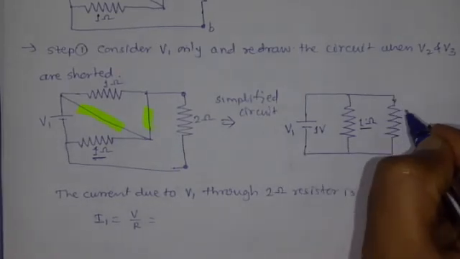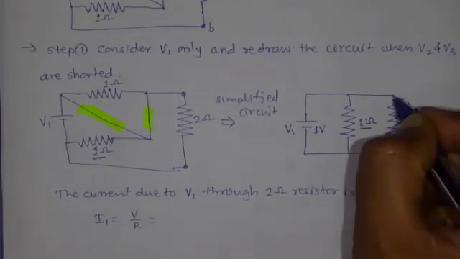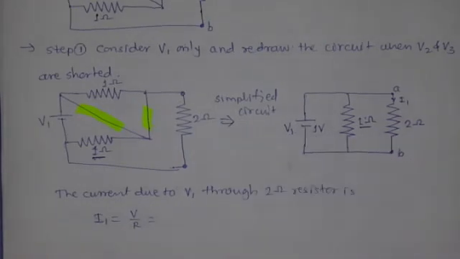This is the A terminal, and here is the B terminal. The supply voltage is 1 volt.